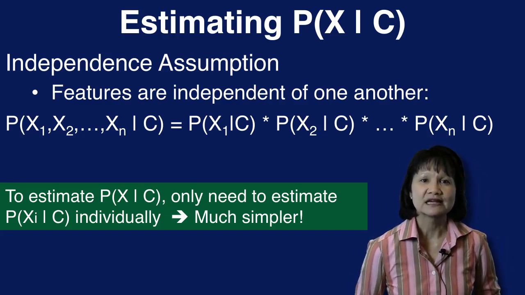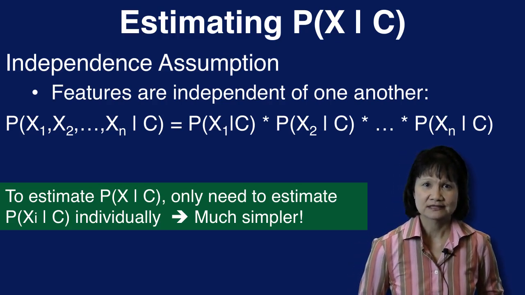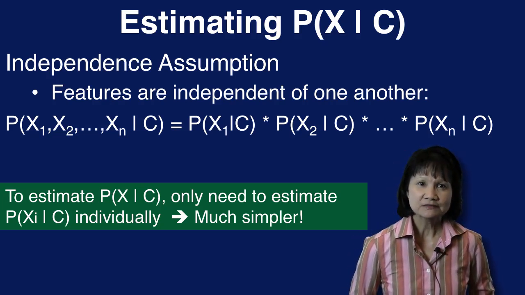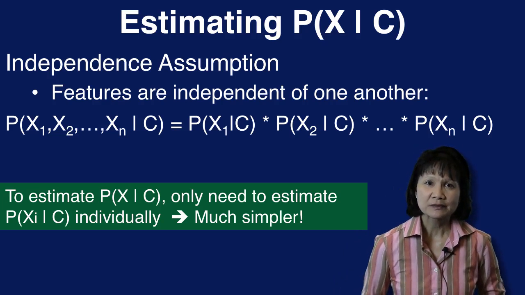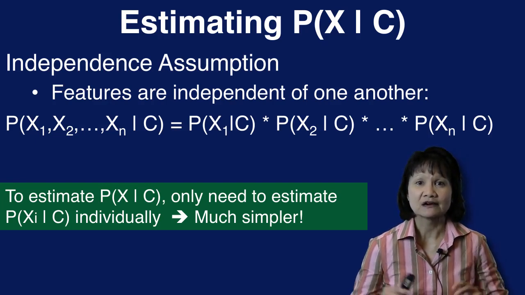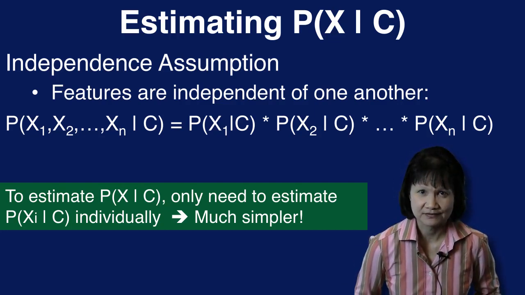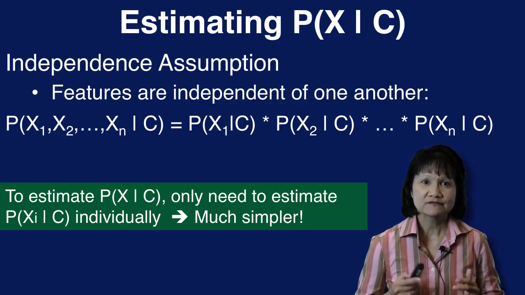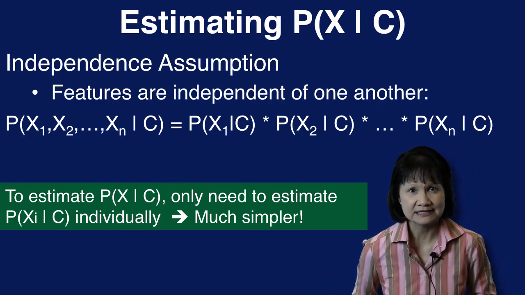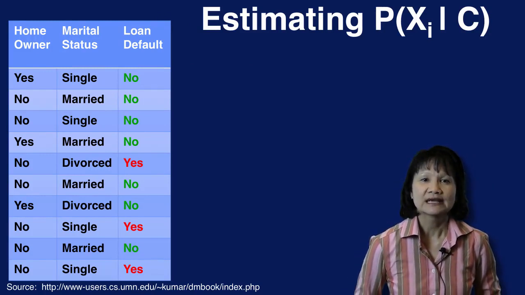The independence assumption of the naive Bayes classifier assumes that each feature x sub i in the feature vector x is conditionally independent of every other feature given the class C. This means that we only need to estimate the probability of x sub i given C instead of having to estimate the probability of the entire feature vector x given C for every combination of values for the features in X. Then we would simply multiply these individual probabilities together to get the probability of the entire feature vector X given the class C.